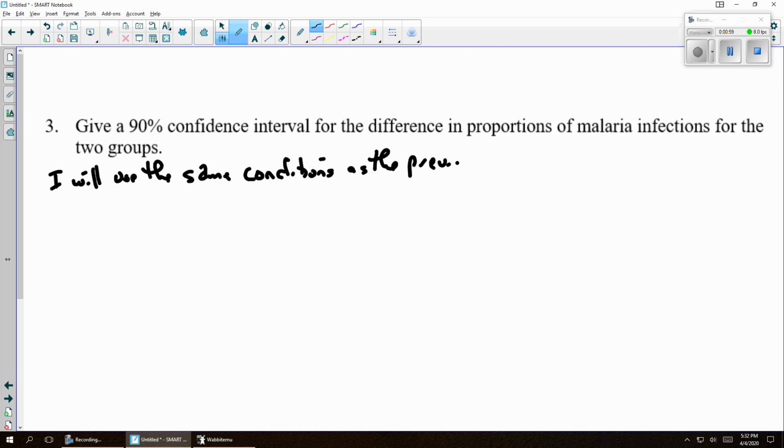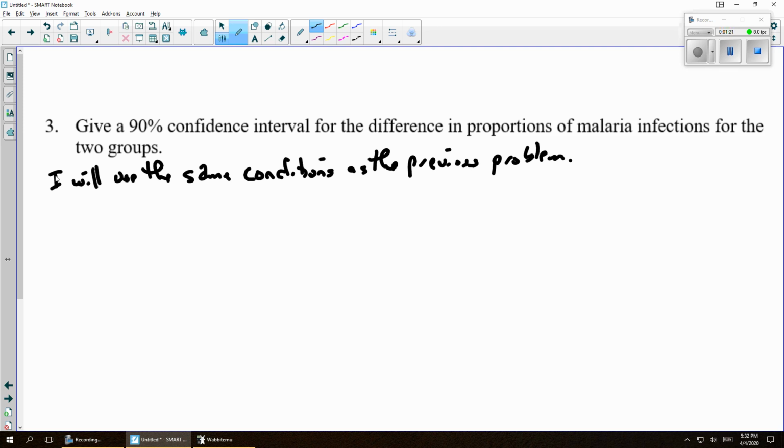I don't need to rewrite all these, but this does make the connection for somebody grading your work, that they understand that you understand conditions are important and the conditions are exactly the ones you used in the previous problem, and I don't need to check them differently because it's the same problem. It's just another part to that.